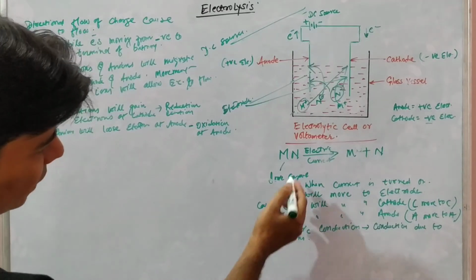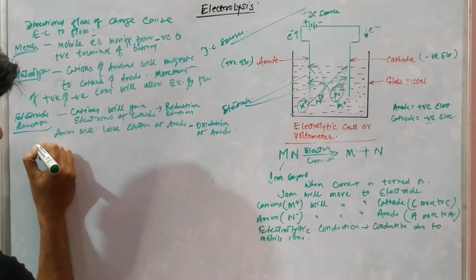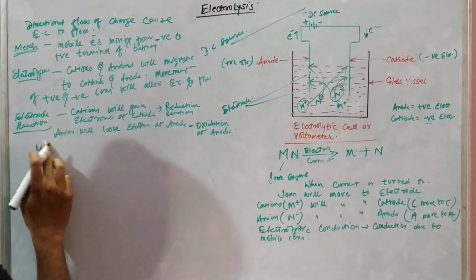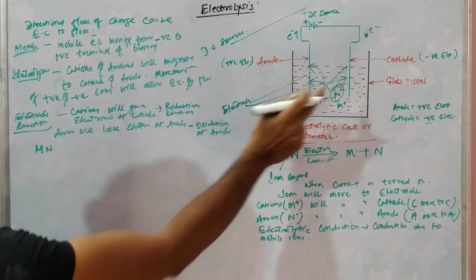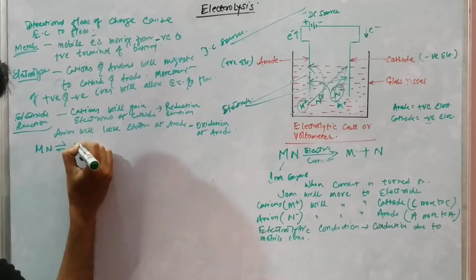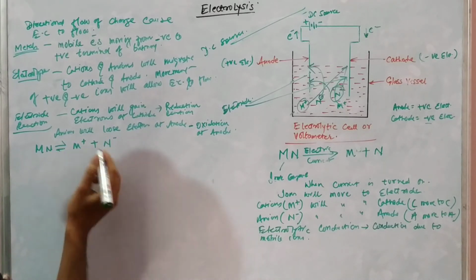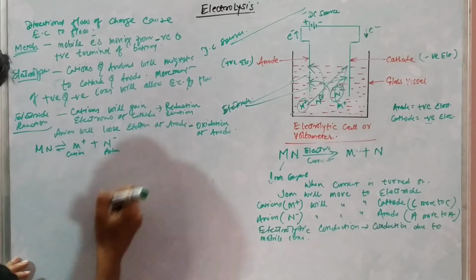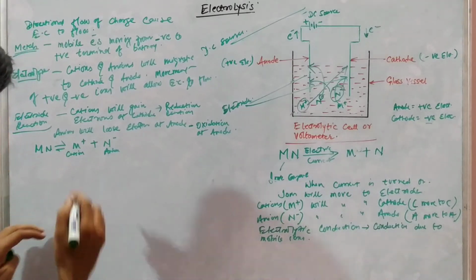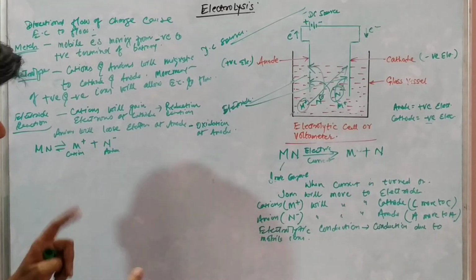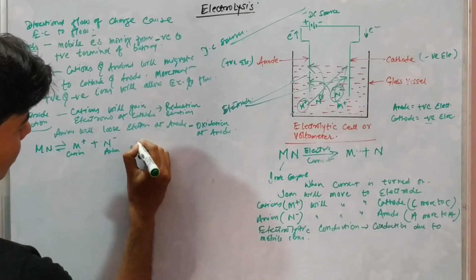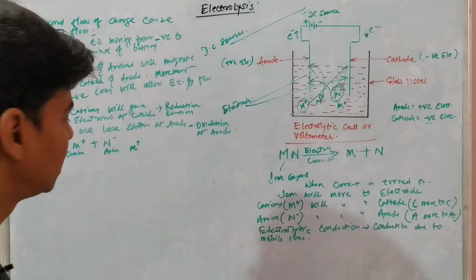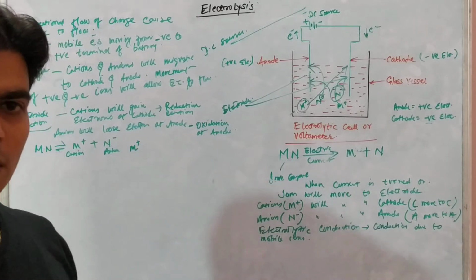Now, since we have taken the example of M+N-, in this solution, this contains these mobile ions. This is cation and this is anion, right? And M plus will move to cathode, right? Now we are writing electrode reactions. When M plus will move to cathode, it will gain electrons.